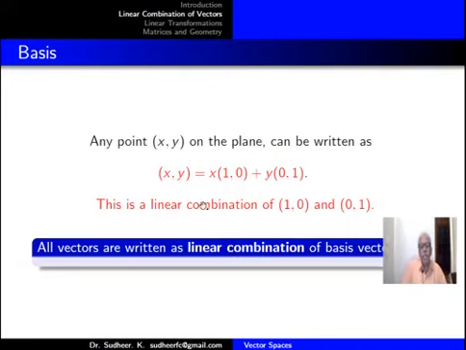Any point (x, y) on the plane can be written as (x, y) equal to x multiplied to (1, 0) plus y multiplied to (0, 1), or the right side x into (1, 0) plus y into (0, 1) is a linear combination of the vectors (1, 0) and (0, 1) or the ordered pairs (1, 0) and (0, 1). Now, it's very clear that all vectors can be written as linear combination of basis vectors.